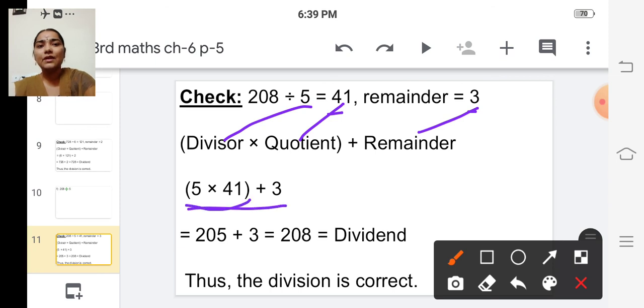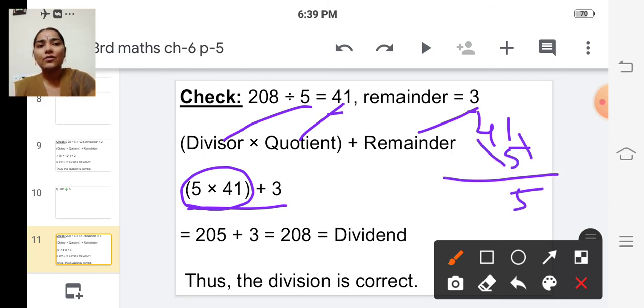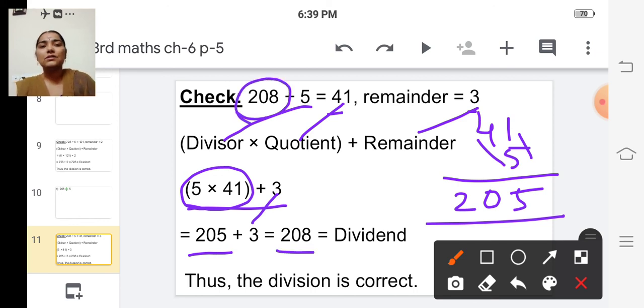So first we have to finish this multiplication. So 41 into 5. So 5 ones are 5 and 5 fours are 20. So 205 plus 3, which is equal to 208, which is our dividend. So the division is correct.